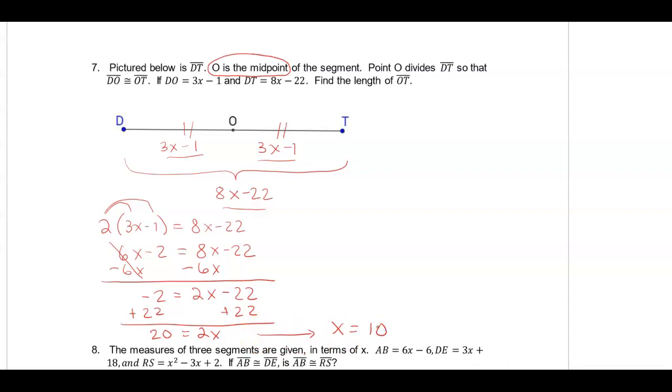Did I answer the question? Nope. The question says find the length of OT. So OT is 3x minus 1, so I'll replace x with 10, and I have to do 30 minus 1. So I'm getting 29 for the length of OT.